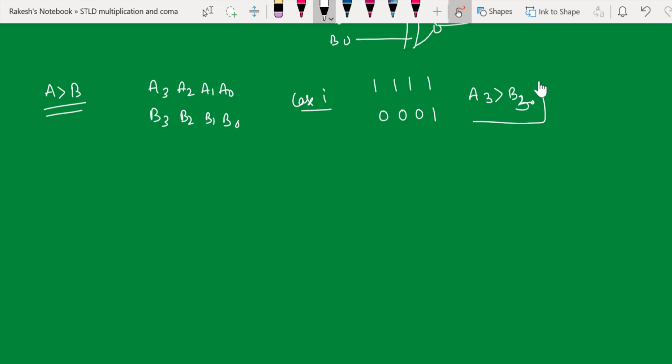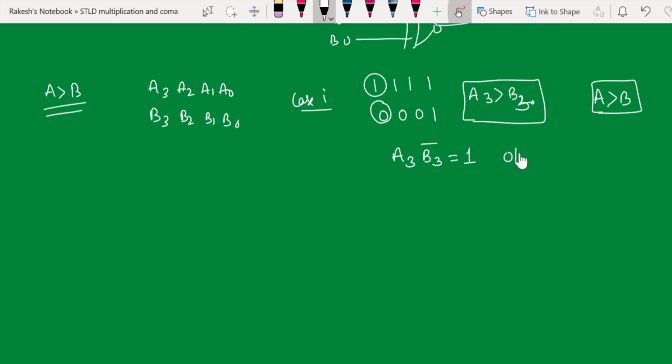That means your A3 bit, the MSB of A, is greater than the MSB of B. That means you can say A is greater than B. So in this case, I can take my expression as A3 into B3 bar. Whenever A3 into B3 bar is 1, your output is supposed to show A greater than B. This is the first case.